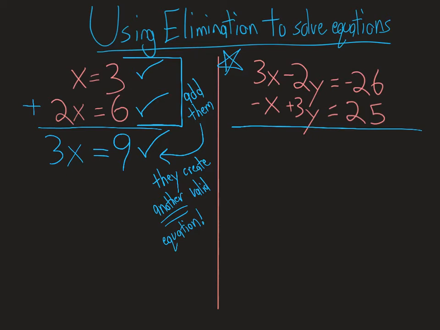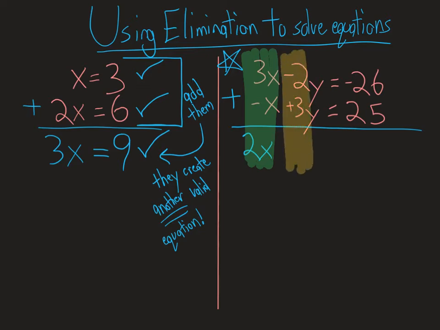We're adding the whole set of equations, so 3x plus a negative x, 2x. And notice we're just adding straight down these columns. It's kind of like we went back to grade school, like 4th grade, and you're just adding straight down the ones column, straight down the tens column. We're just doing the same thing here.